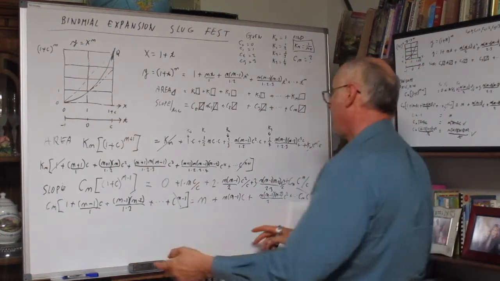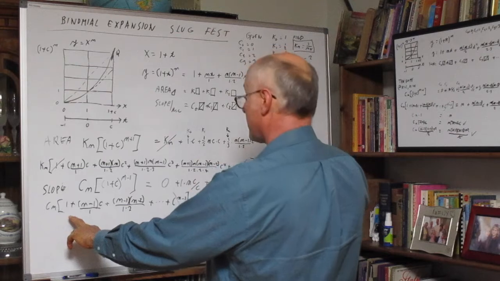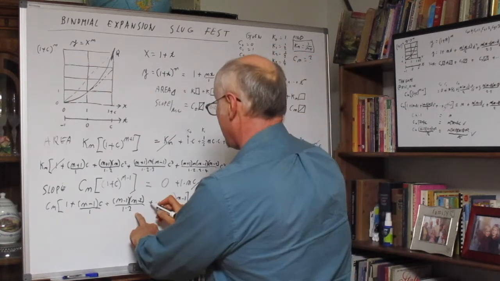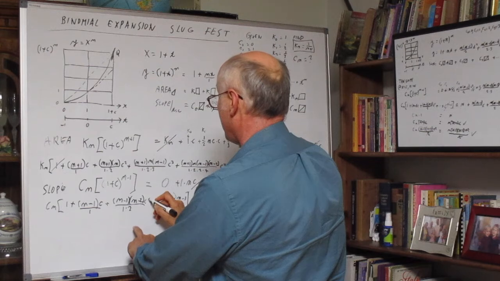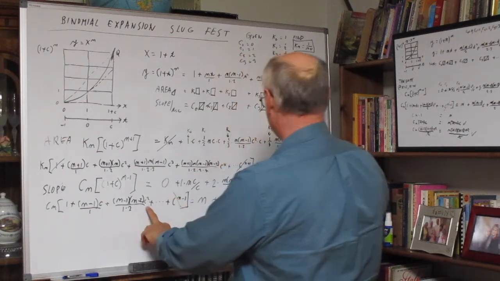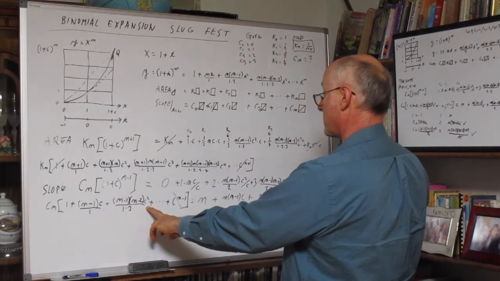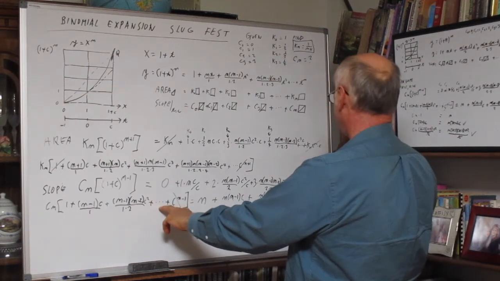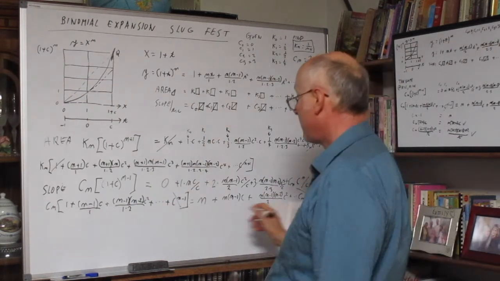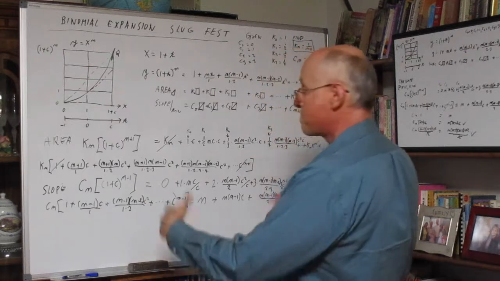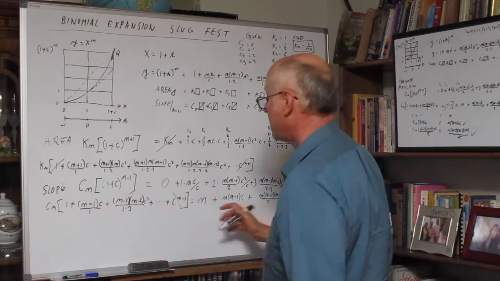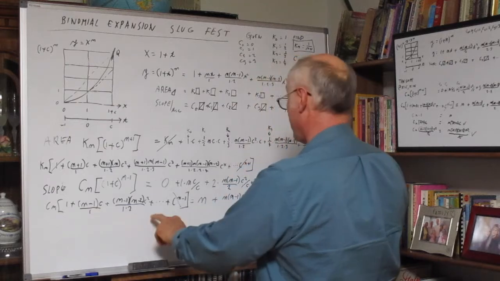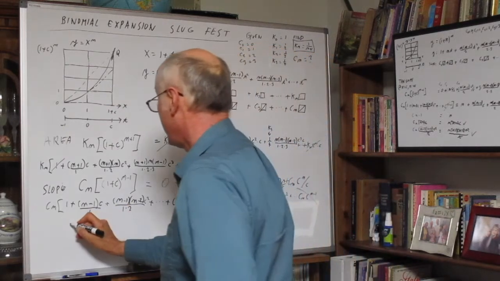And what's left? Well, you could call this the c to the 0 term, c to the 1 term, c to the, I forgot, c squared times c squared, and so on and so forth. So let's collect the terms. We're going to collect these terms, separate them out, and here they are.